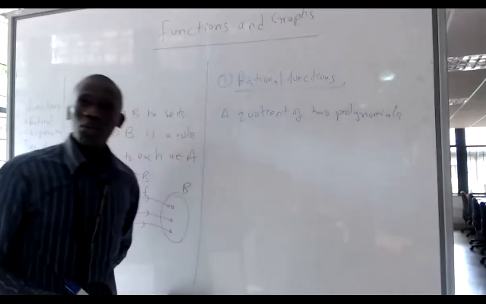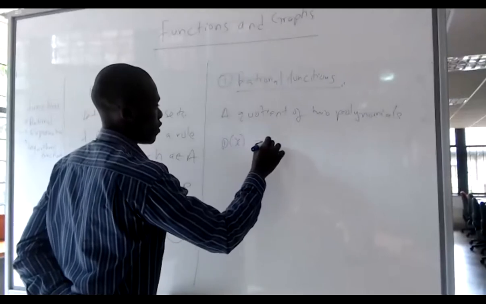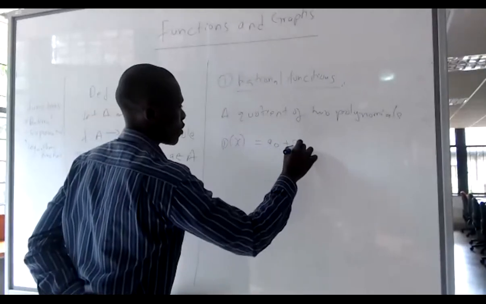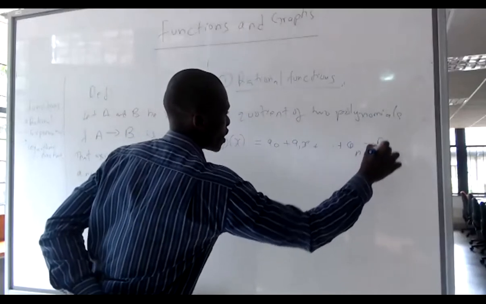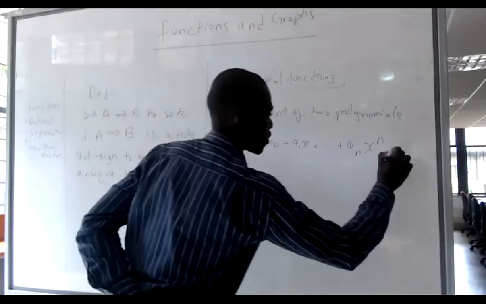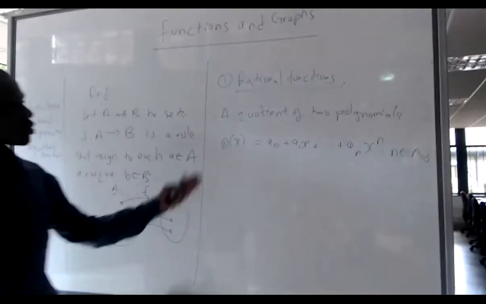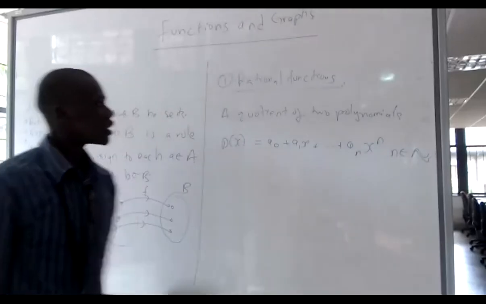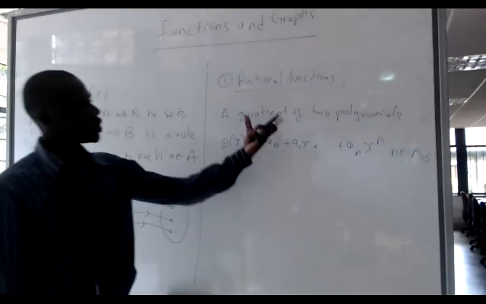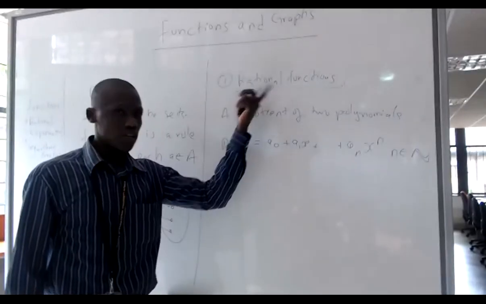And you're aware that a polynomial in a variable x is simply an expression of the form a0 plus a1x all the way to an x to the n. This is of degree n, where n must be a natural number and is the highest exponent. So taking a quotient of any such expressions gives you a rational function.